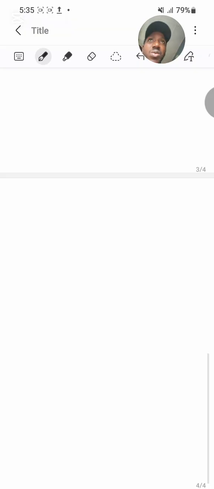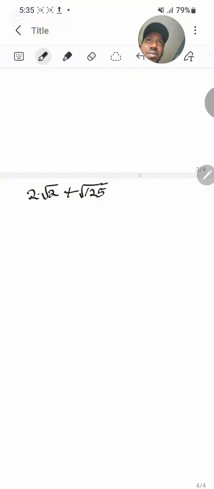All right, so the next one is they ask us to find a and b. So we have 2 root 2 plus root 125 minus root 45 plus 4.